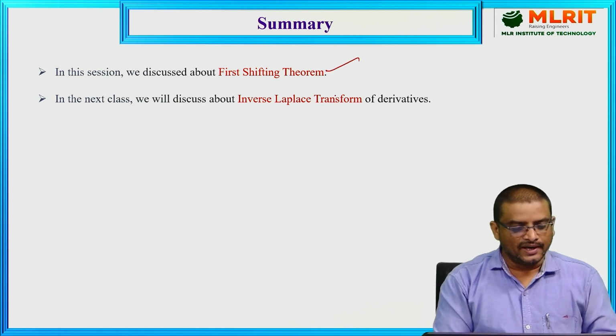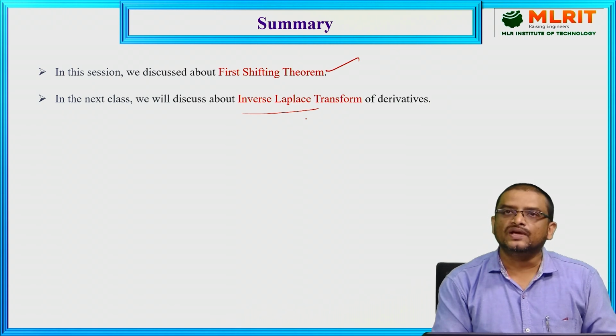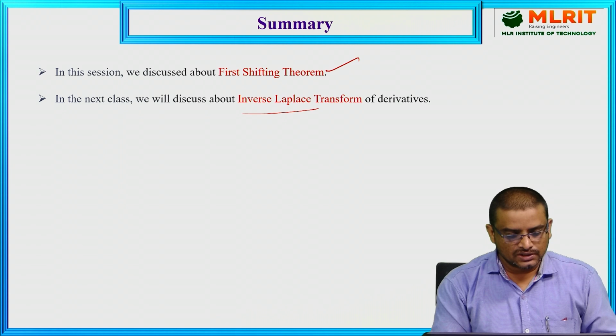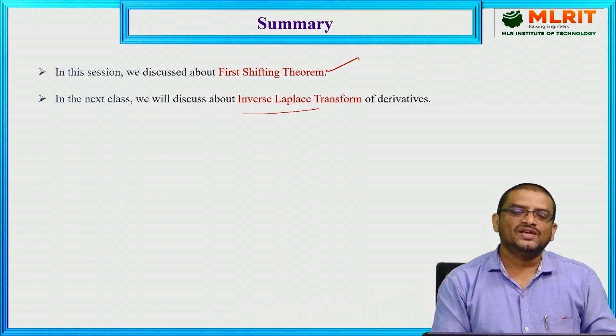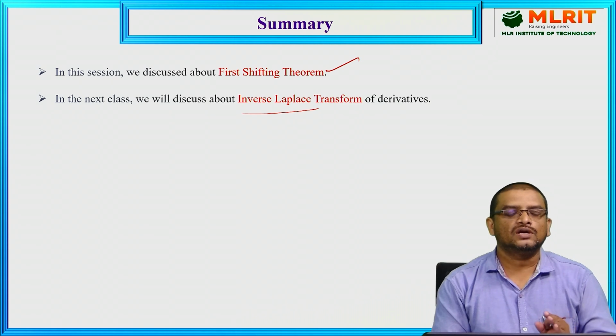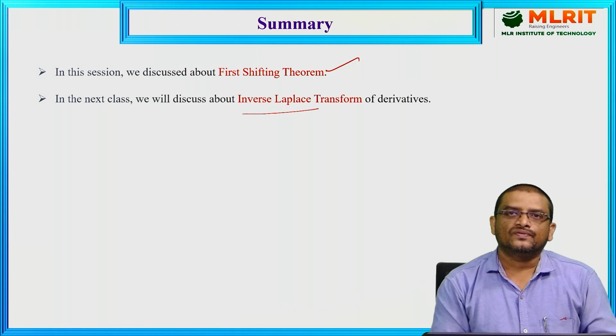And in the next video we are going to find the inverse Laplace transform of derivatives, where you can use this inverse Laplace transform of derivative concept to find the L inverse for the given function f bar of s. Thank you.